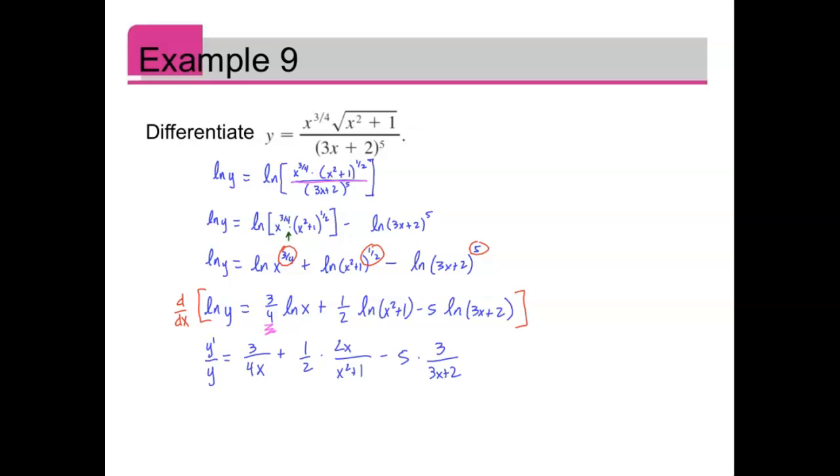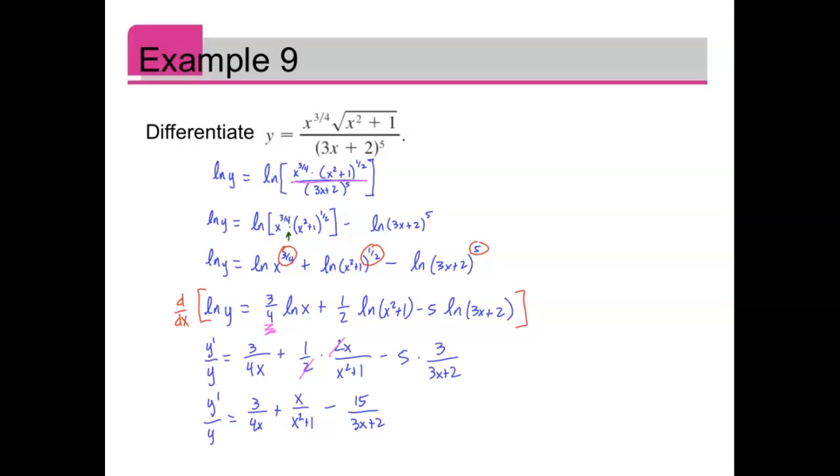All right, so let's simplify where we can. This 2 in the denominator I can cancel there. All right, so y prime over y equals 3 over 4x plus x over x squared plus 1 minus 15 over 3x plus 2. Right?